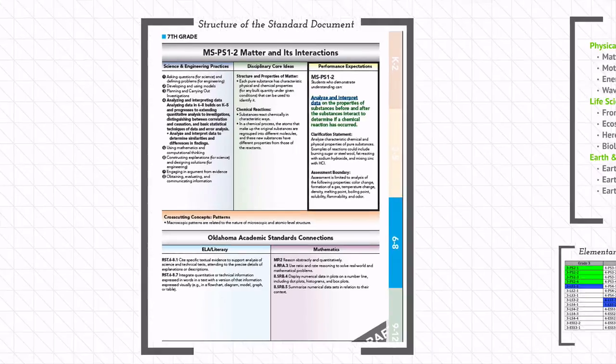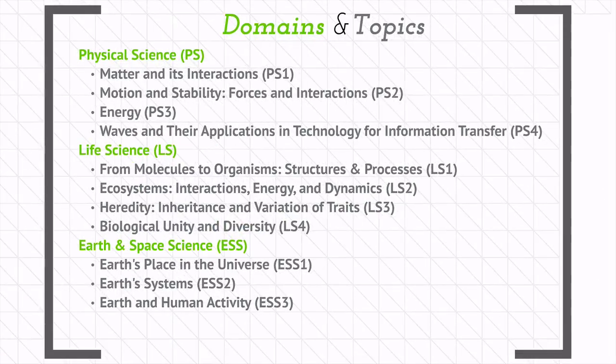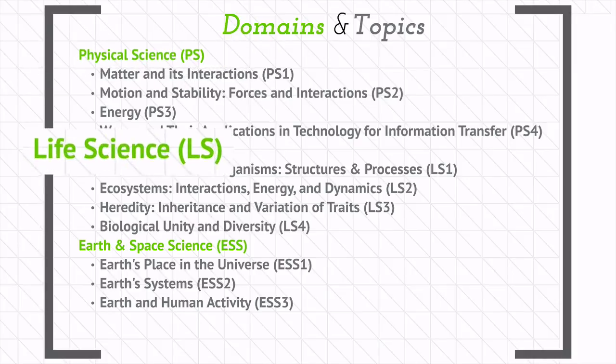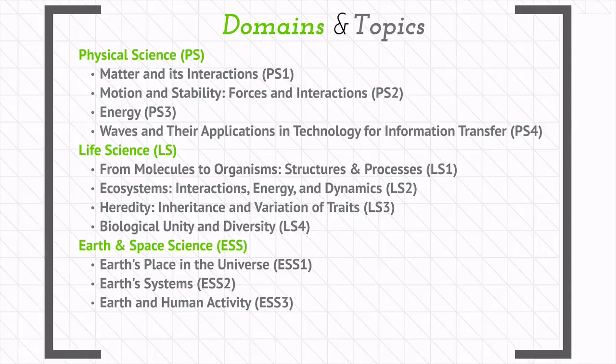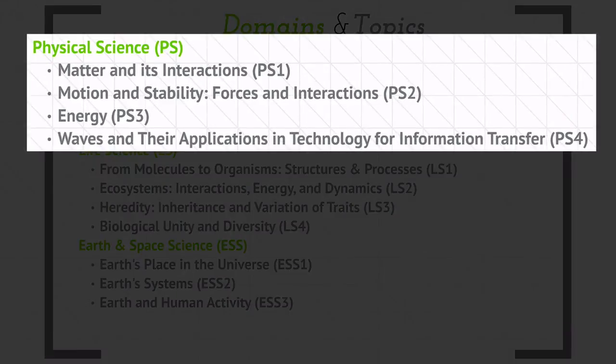To better understand the structure, layout, and in particular the naming of the Oklahoma Academic Standards, we're going to take a closer look at the domains and topics that can be found throughout the K-12 standards. There are 3 domains that you will see: physical science, life science, and earth and space science. There are also topics found under each domain. For physical science, we see 4 topics.